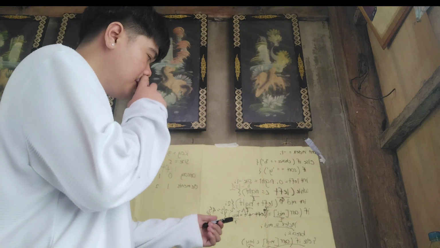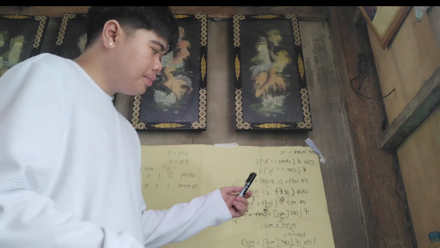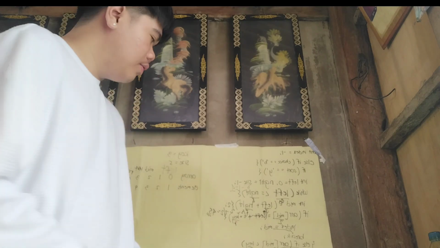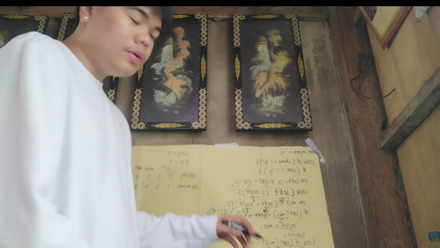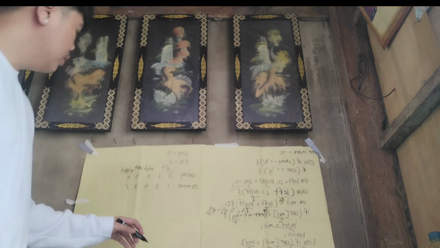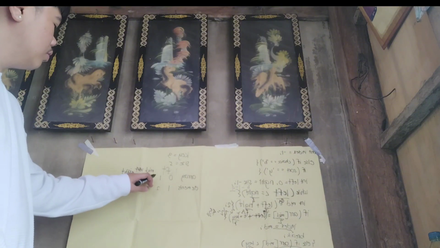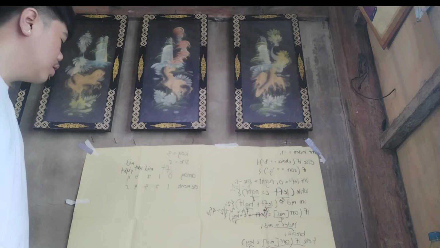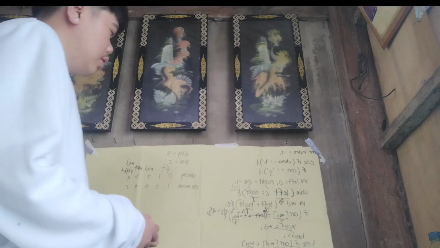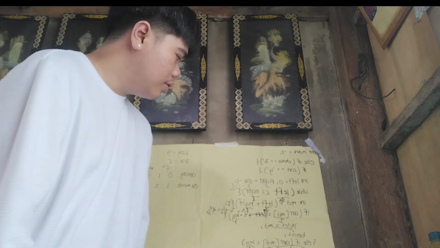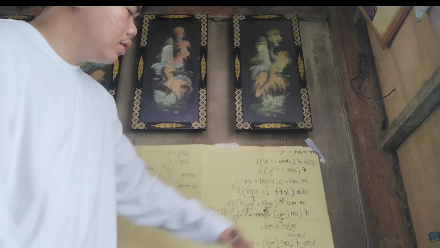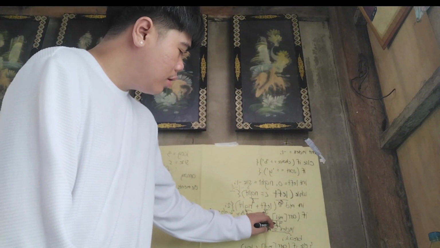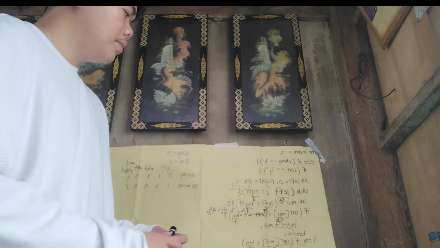So our mid now is 4, which is calculated there: 0, 1, 2, 3, 4. So our mid now is 4.